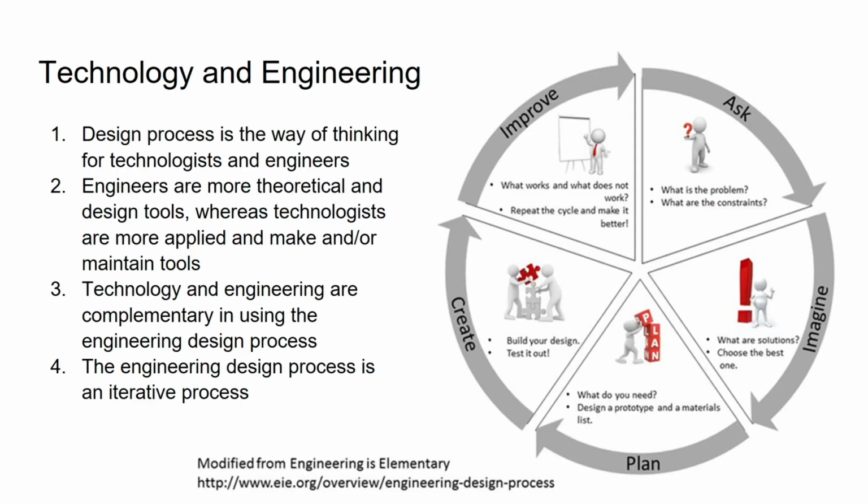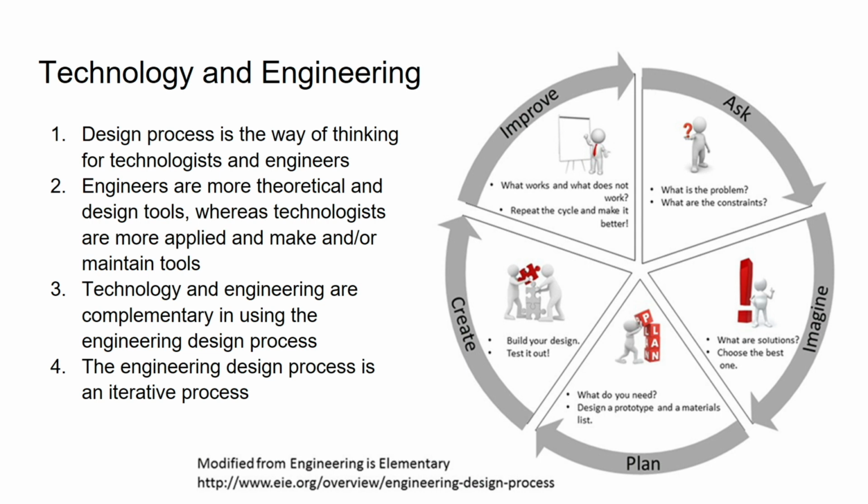Now let's transition and talk about the way of thinking for technologists and engineers. So you have a design process as being the way of thinking that is used, and just a difference. People ask, what's the difference between a technologist and an engineer? They're very blended.